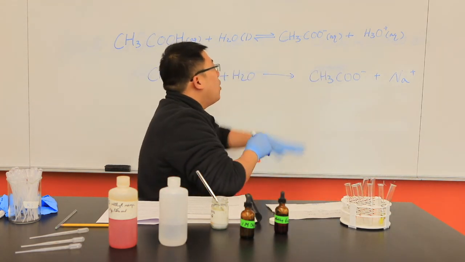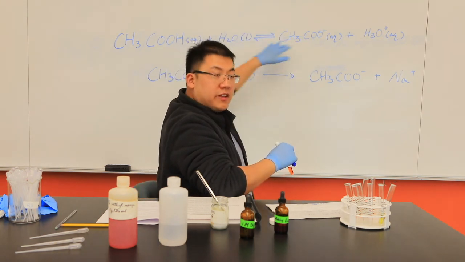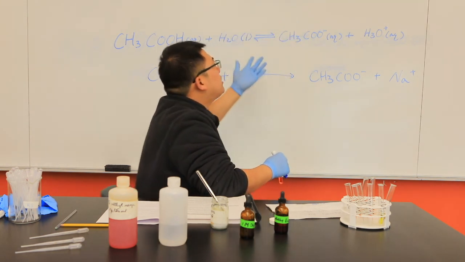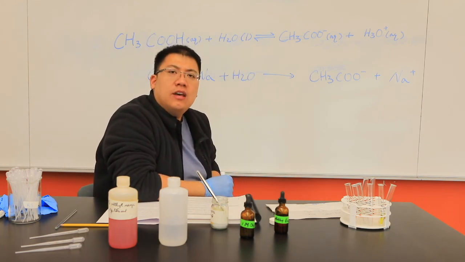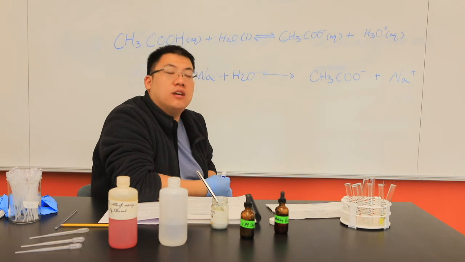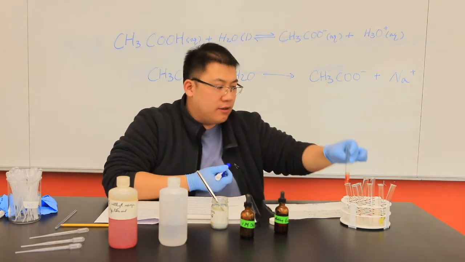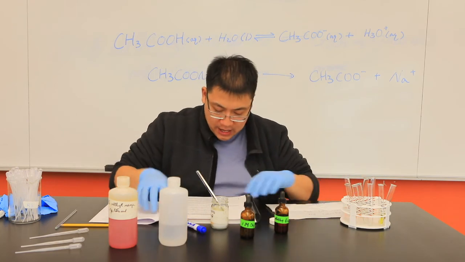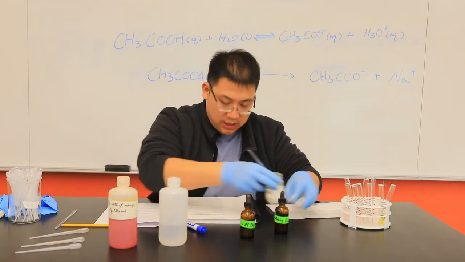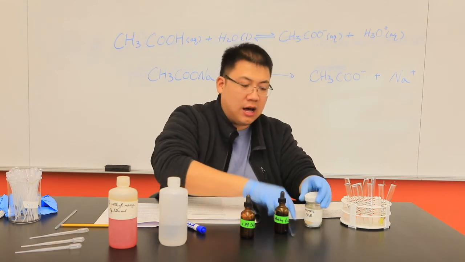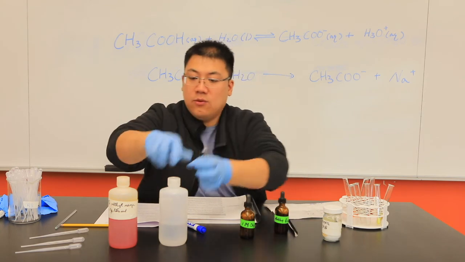Think about this: when we're adding the sodium acetate into your system at equilibrium, which species are we increasing the concentration of, and which side is the equilibrium shifted to? So I'm going to set this aside and move on with step number 8. I'm going to measure out another 3 milliliters of the acetic acid in a new test tube.